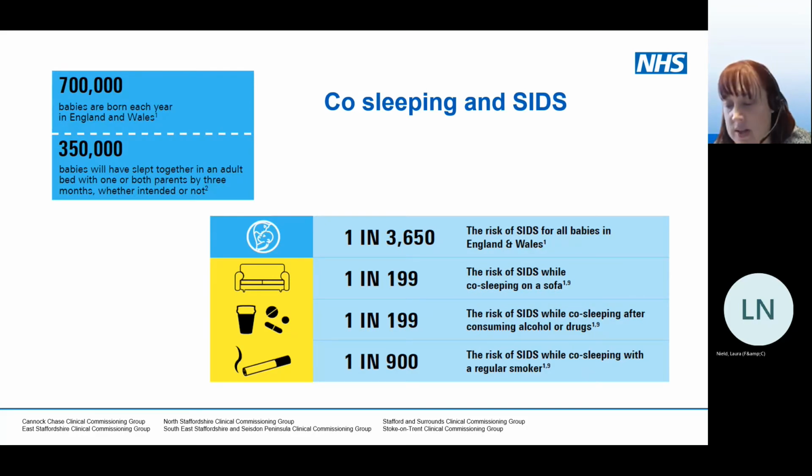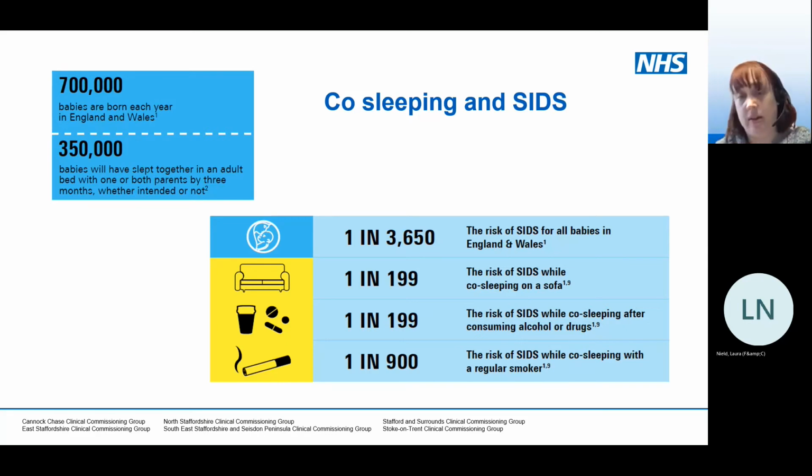If we look at the statistics about co-sleeping and SIDS, about 700,000 babies are born each year in England and Wales, and about half of them will have slept together in an adult bed with one or both of the parents by the age of 3 months. May have been intended, may not. The risk of SIDS for all babies in England and Wales is 1 in 3,650.